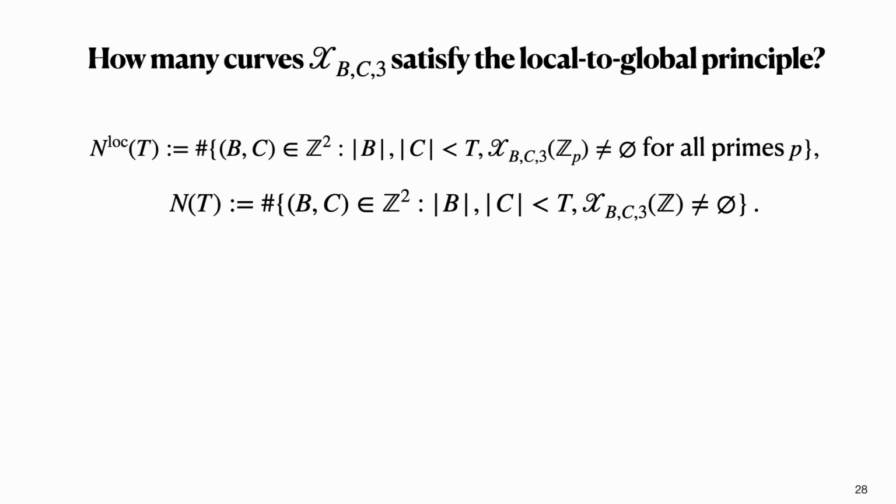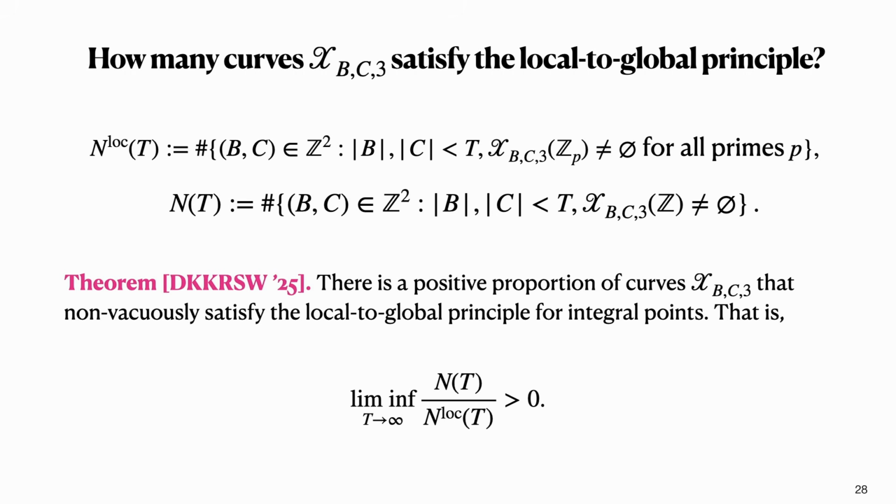And the thing that I want to finish with is, if you ask for proportions of how many curves satisfy the local to global principle in this family, our theorem gives you a way of computing these proportions in a nice way. So let me just focus on the punchline of the theorem.